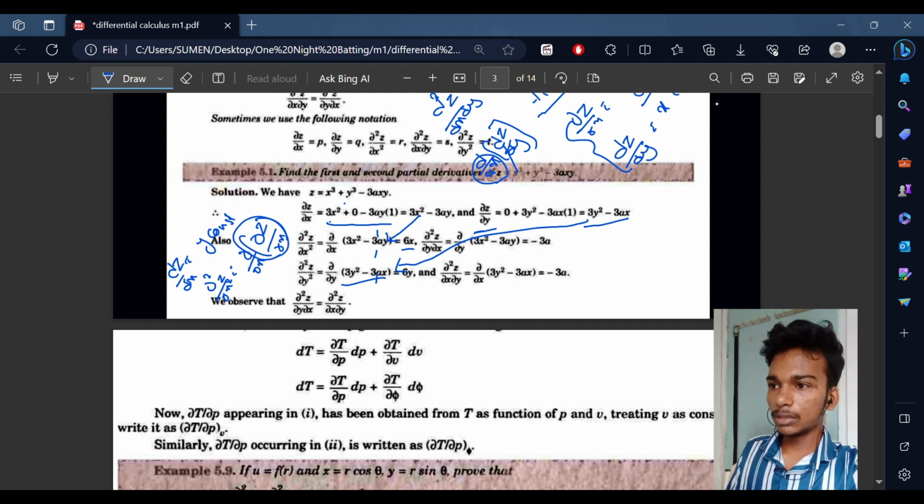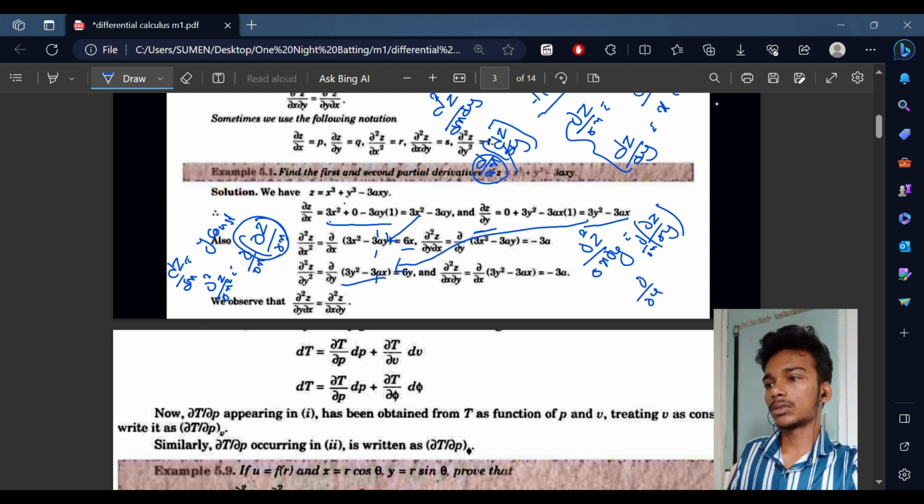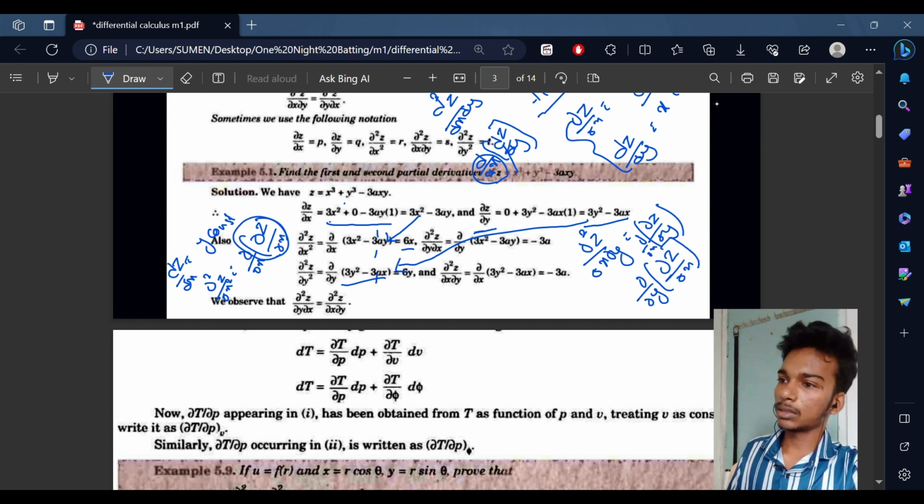Now we have to find dou square z by dou x dou y. First consider dou z by dou y and then differentiate with respect to x, or you can take dou z by dou x first. It is also possible, both are the same. It is called change of variables.